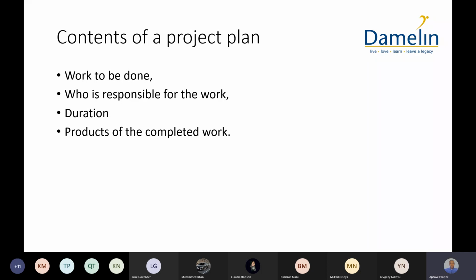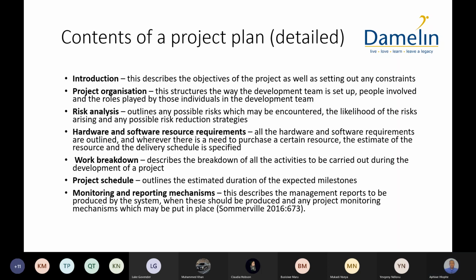So what is the content covered by this project plan? It covers the work to be done, who is responsible for the work, the duration of the particular task or project, and the products of the completed work, okay? And this is just a more detailed outline of what you're most likely to see in the document that's titled project plan, okay?